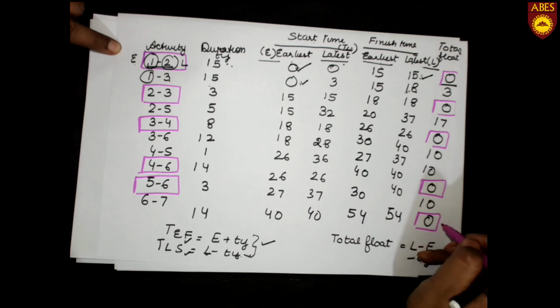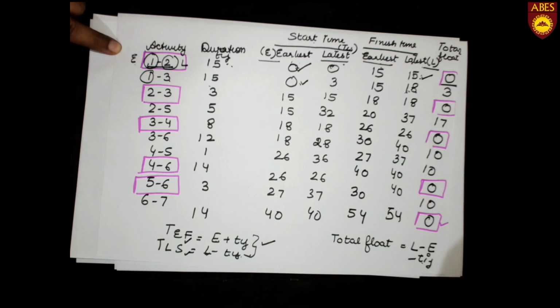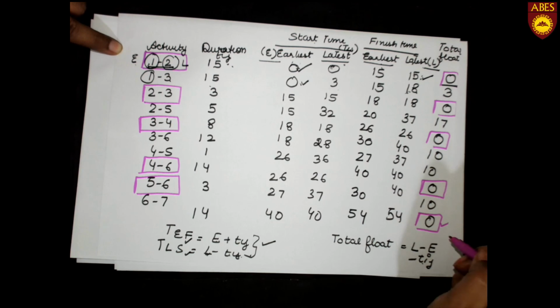It is a 0 total float. There is no time available. We cannot afford to have any slack over here. We cannot afford it if the activity is delayed over here.